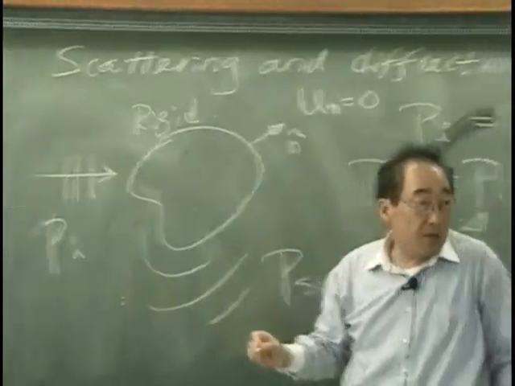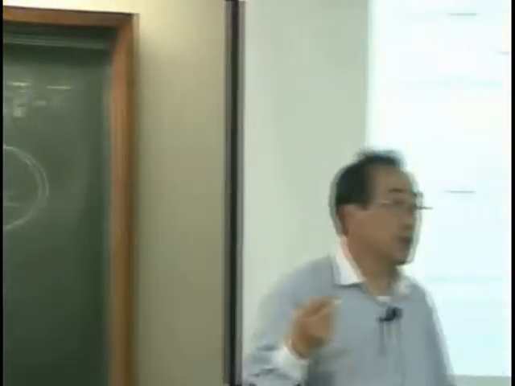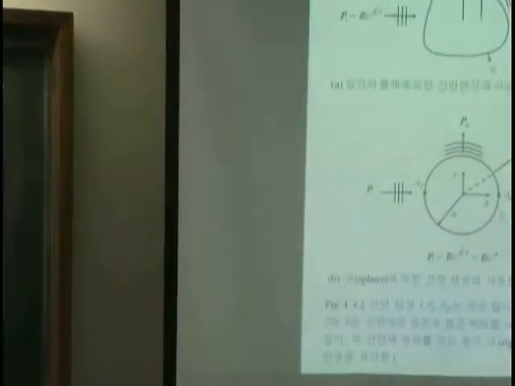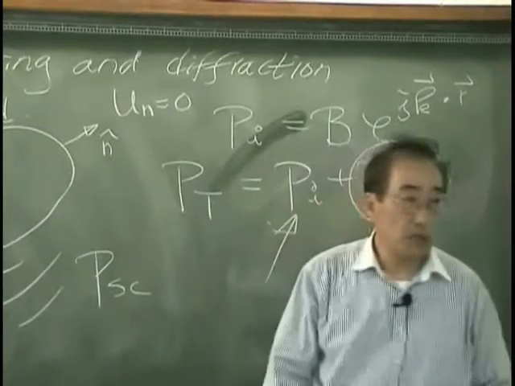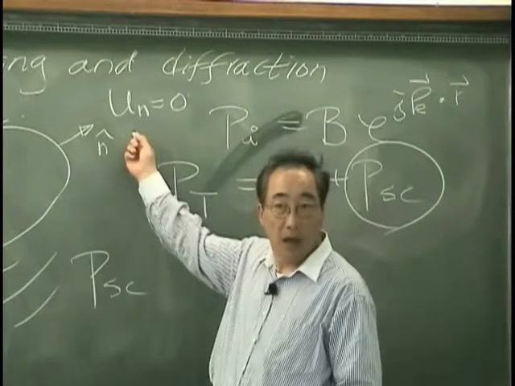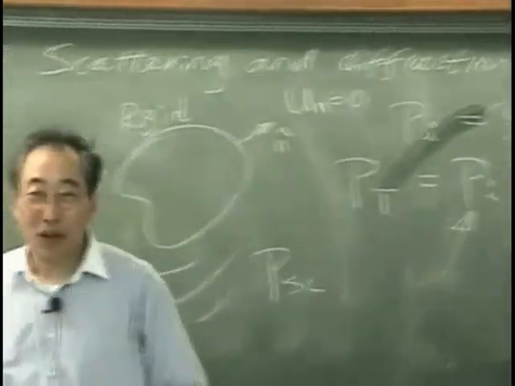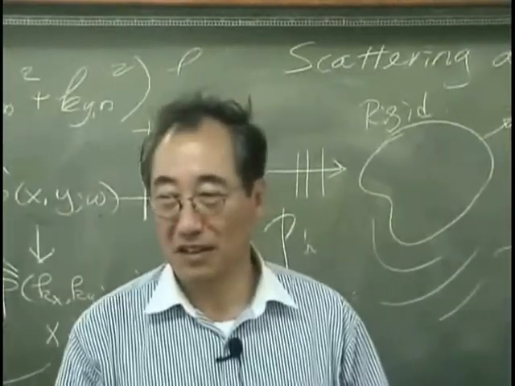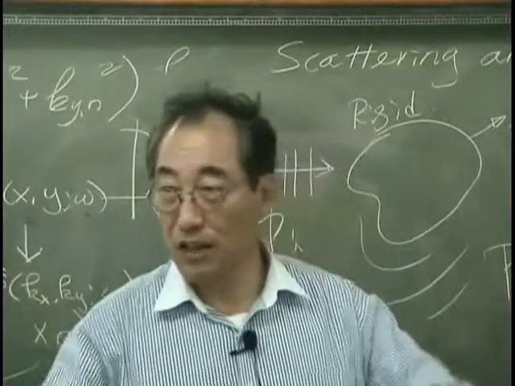Maybe not in the general case. In the general case, for example, if the scatterer's impedance has a real part and an imaginary part, then this would not be 0. But to start with the simplest case, let's assume that this is rigid. Frankly speaking, I cannot derive the solution when UN has a real and imaginary part. It's very complicated. I tried several times, but it's very hard to get a general solution. Maybe you guys can try it.